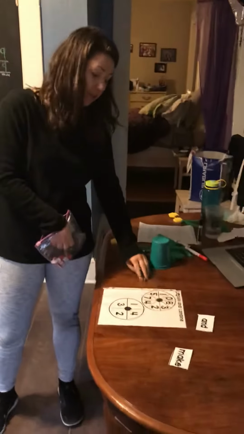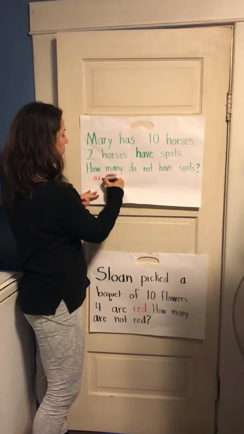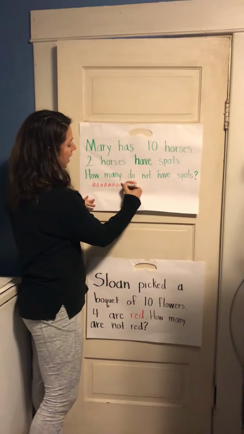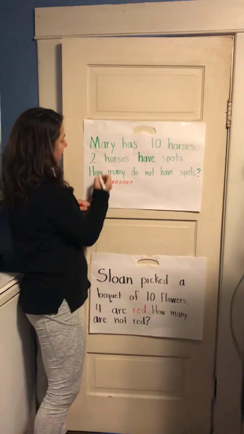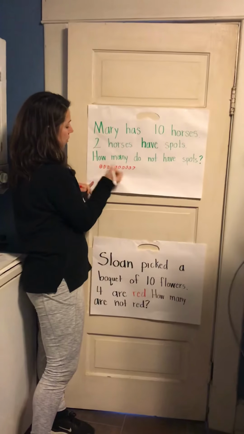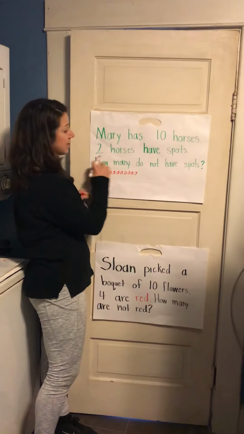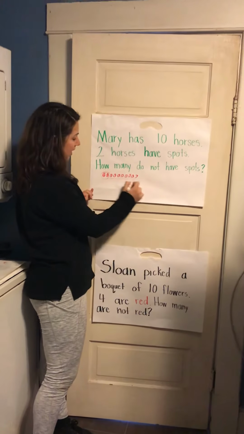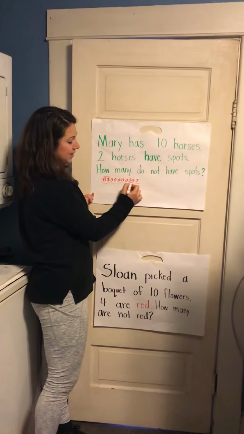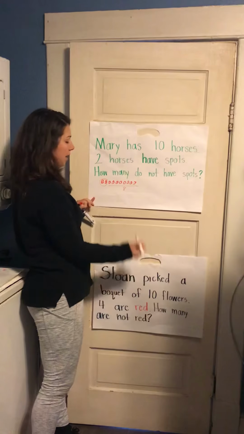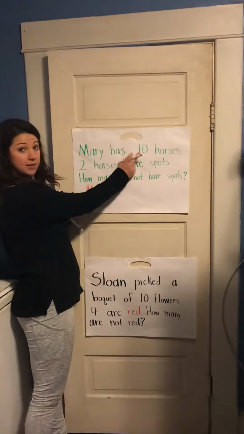I saw some students just draw 10 horses. 1, 2, 3, 4, 5, 6, 7, 8, 9, 10. They gave 2 of them spots. 1, 2, 1, 2. So these 2 had spots. How many did not have spots? And then they counted up. 1, 2, 3, 4, 5, 6, 7, 8. So because 2 and 8 make 10.